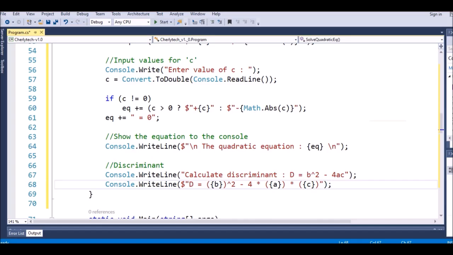So the next video, this one we just show to the console. So we have to calculate. So to calculate, we use this one.